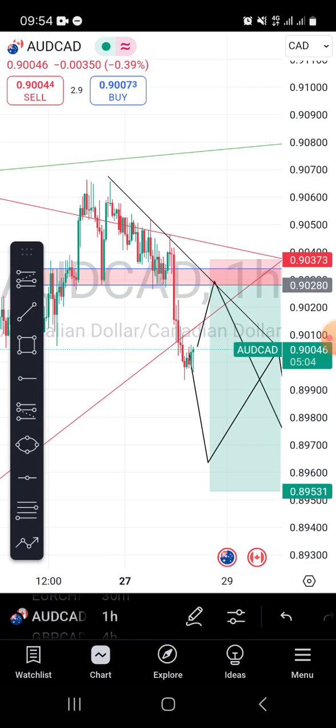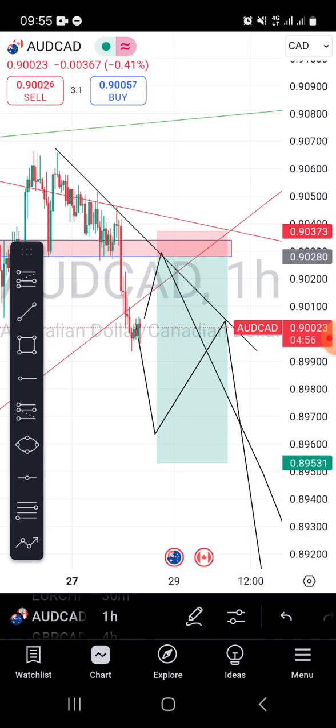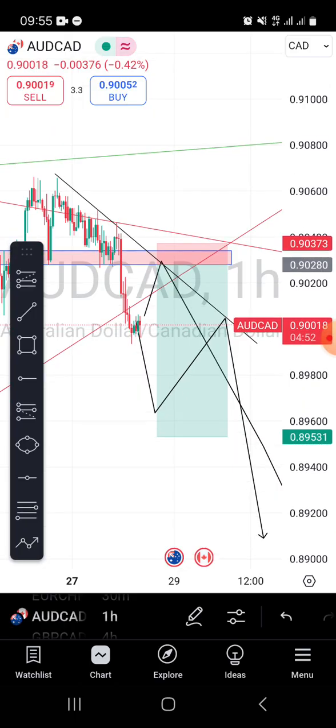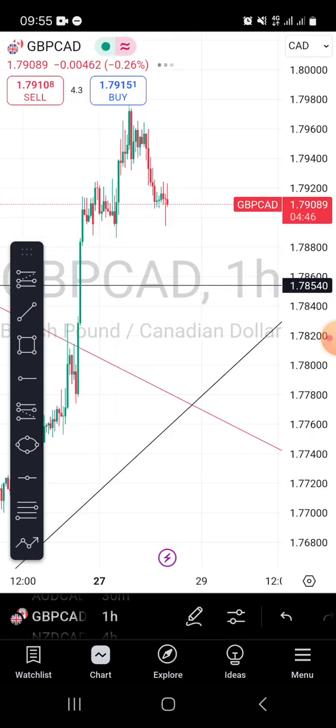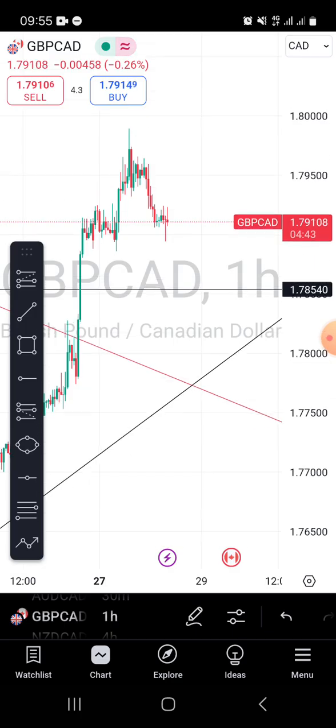So for the London session, it might buy for the retracement, the pullback to retest that, and then for the New York session, continue the selling. So this is another one, and I hope this is clear enough on AUD CAD. The last but not the least is GBP CAD.